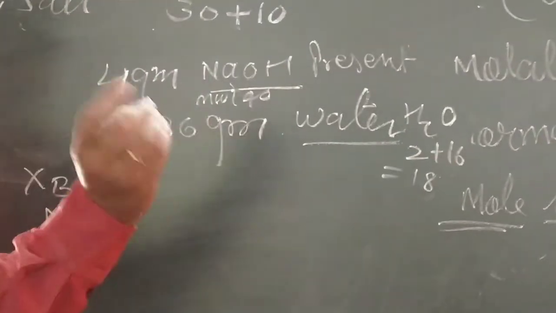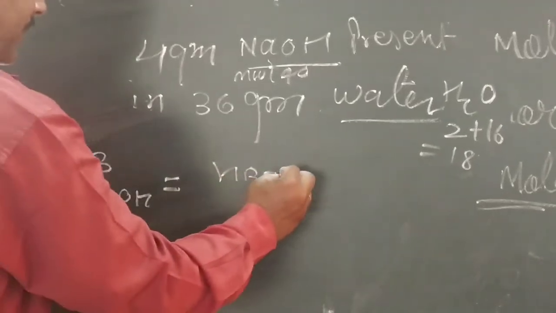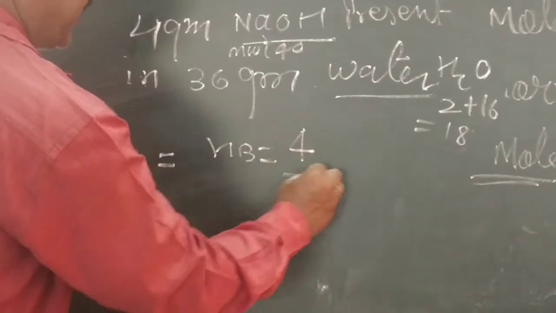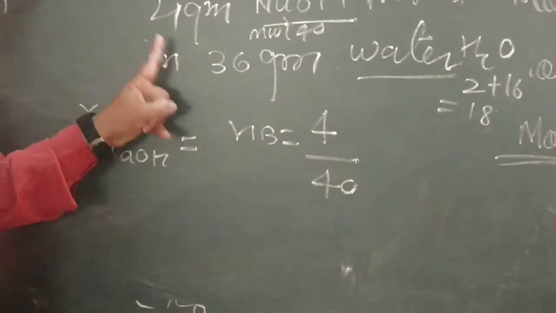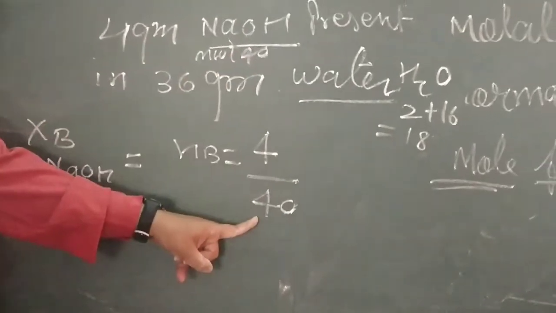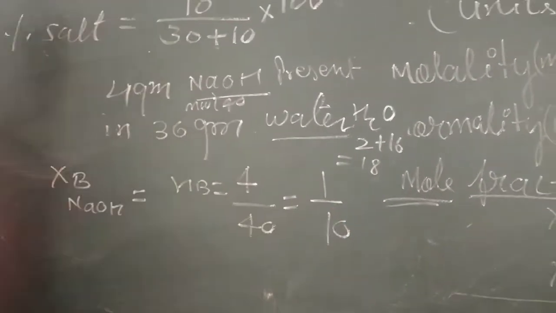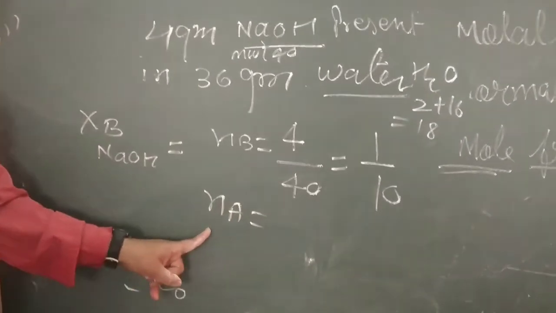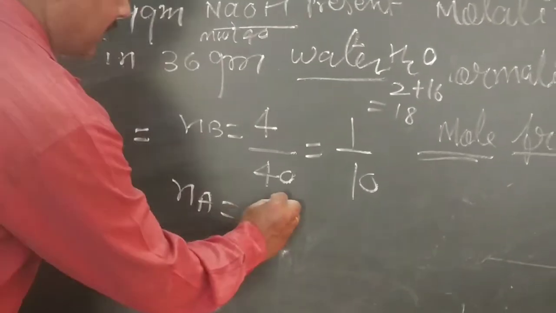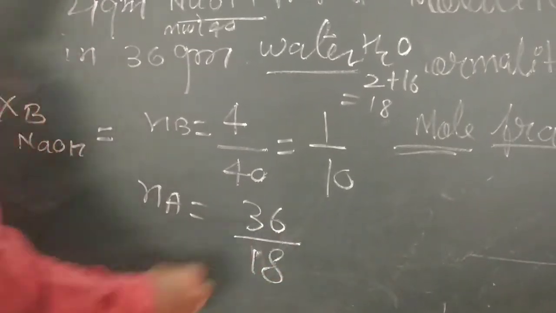So first we will calculate nA. nA is coming 4 upon 40. What is 4? Weight of NaOH, and 40 is the molecular weight of NaOH. It will come 1 by 10. nB is the moles of water. 36 gram water is given, upon molecular weight of water 18.